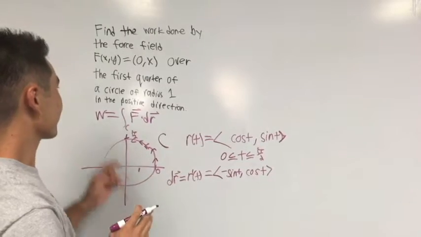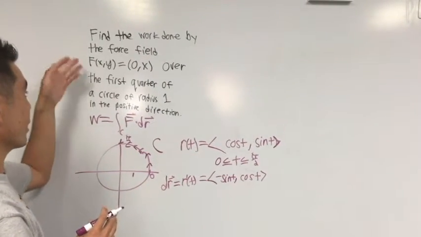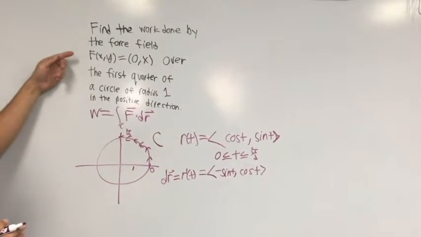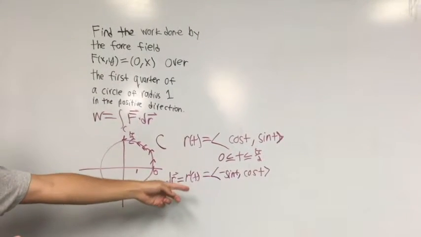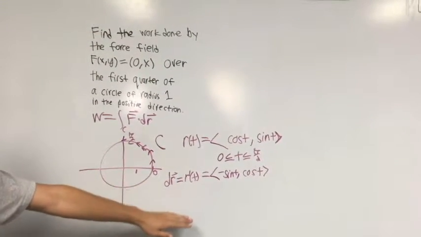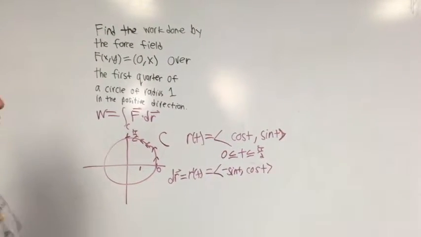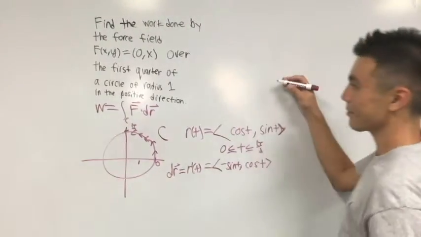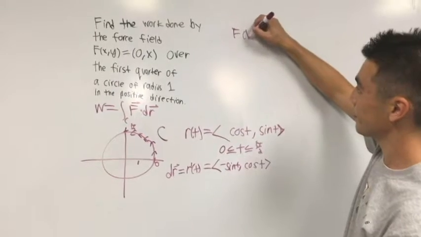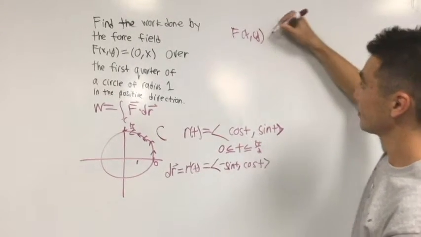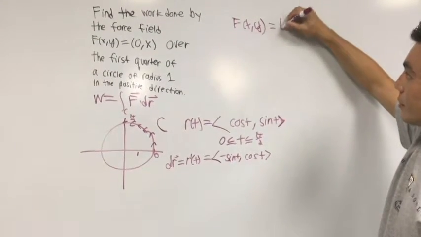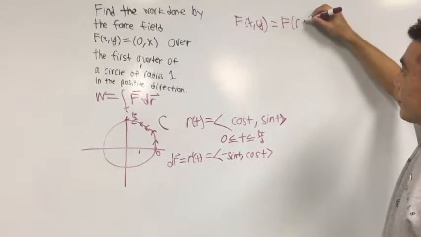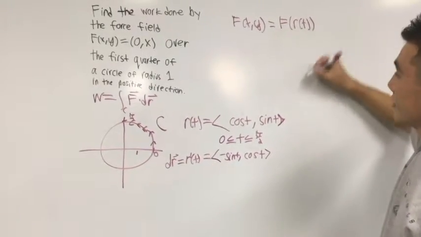Now, we have our force field in terms of x and y, but we have our dr in terms of t. So we're going to have to do something about that. So instead of writing f of x comma y, we're going to do f of r of t.